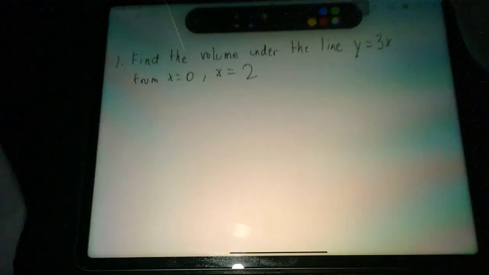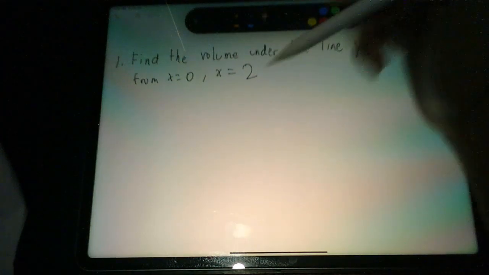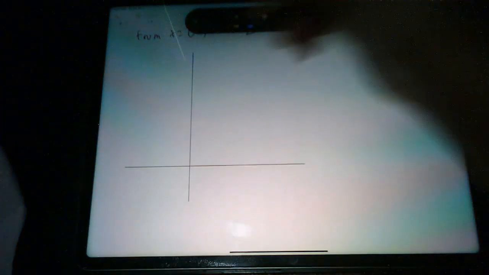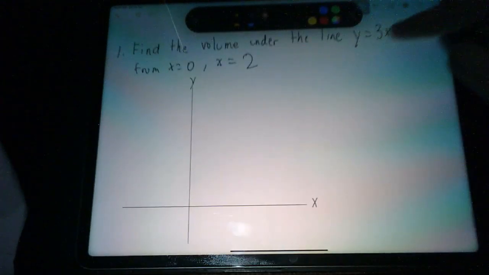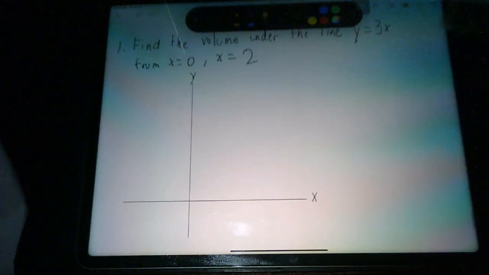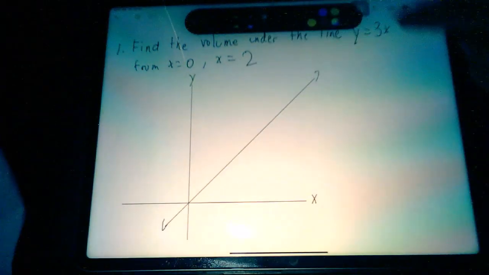Now, let's move on to the first example of our shell method. So this is our first example, number 1, under the shell method. First, we need to illustrate. So let's do that. This is our y-axis and this is our x-axis. The line here is this line, but we need to find its points.